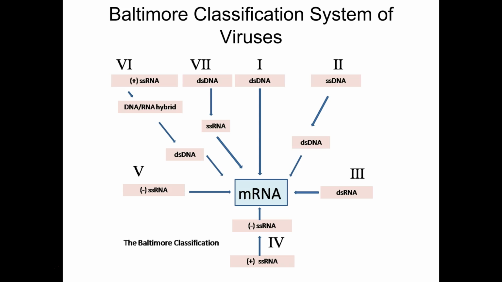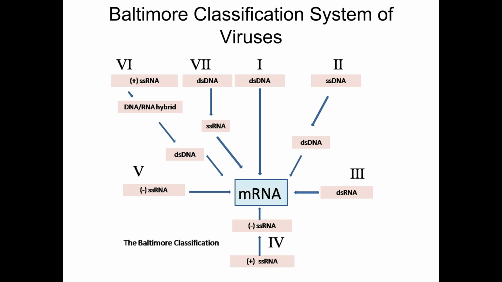Make it a little weirder. Positive sense single-stranded RNA viruses are actually complementary copies of mRNA. So they have to be turned from RNA into complementary mRNA. How does that happen? Imagine this.